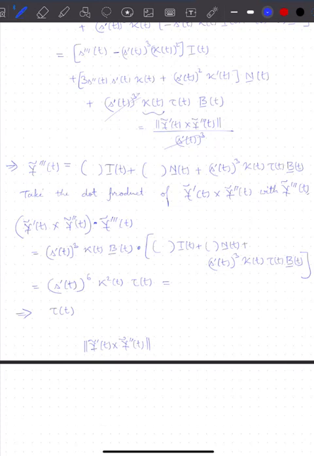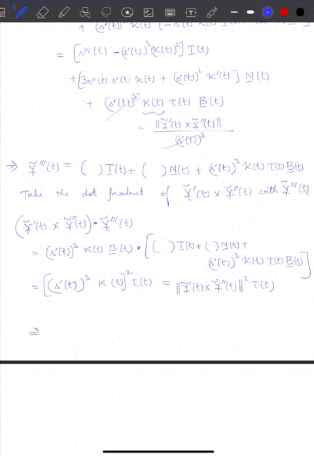can be written further as, since kappa of t into s prime cubed, squared. So s prime cross s prime cubed kappa of t cubed squared is equal to the norm of this squared. Just drag it down and put it here. Square of tau of t.